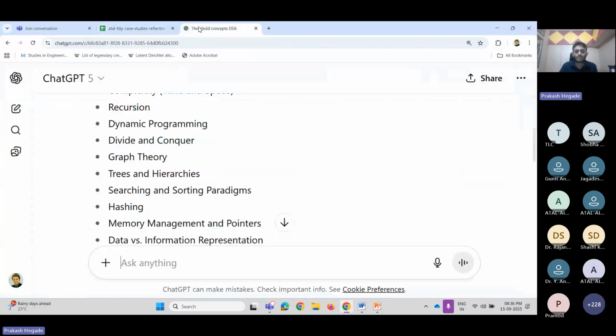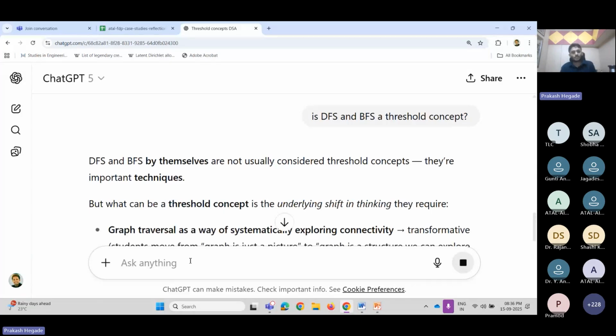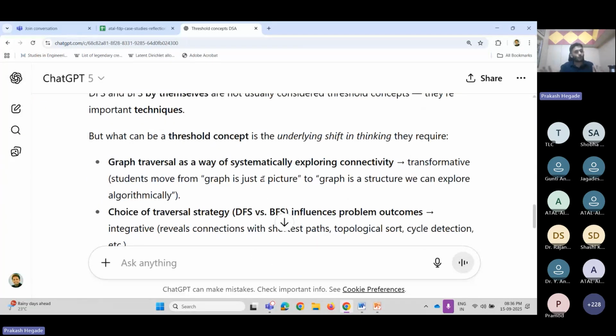Say, for example, I'm going to ask, are DFS and BFS a threshold concept? The reason why I didn't list them is that it is too generic at my course level. Let's see what it answers. It says not usually considered, yes, but they are important techniques, right? It's graph traversal. Okay, fine.